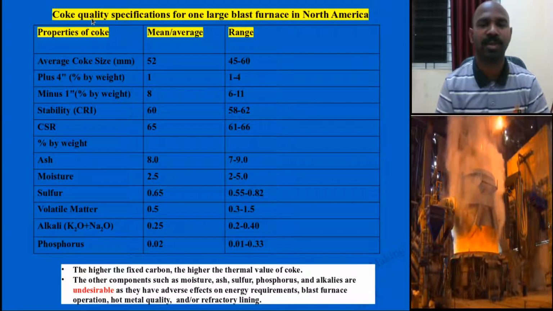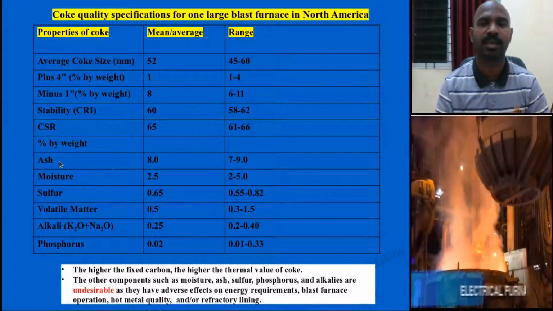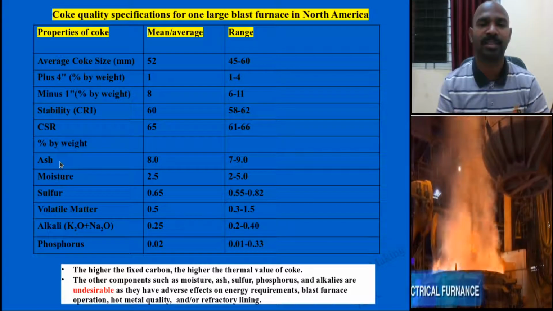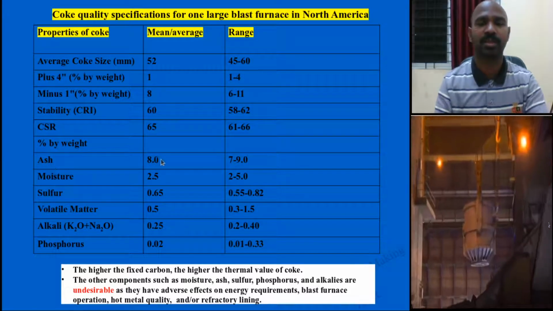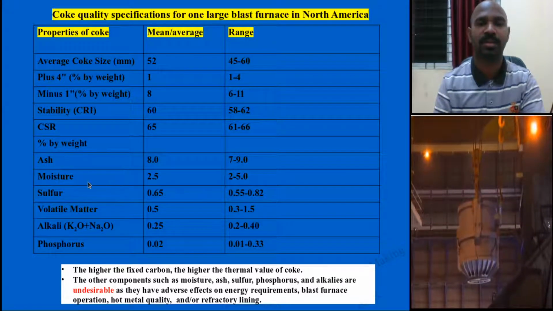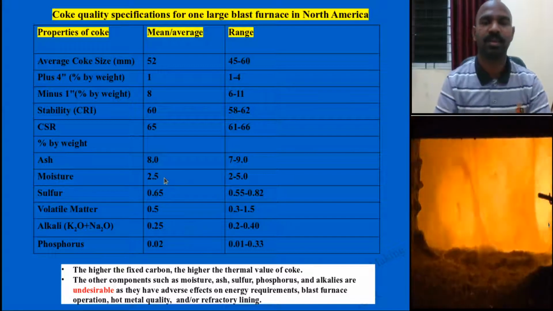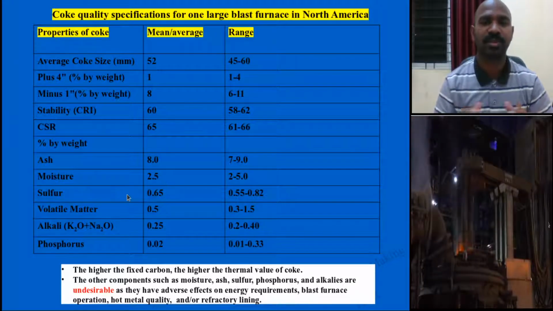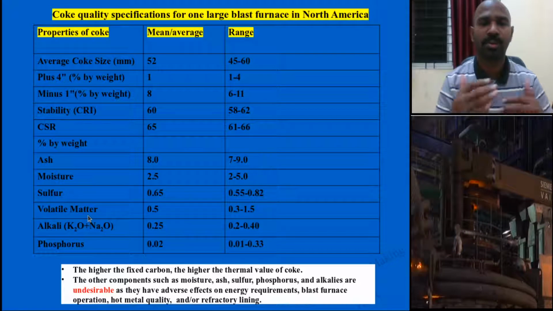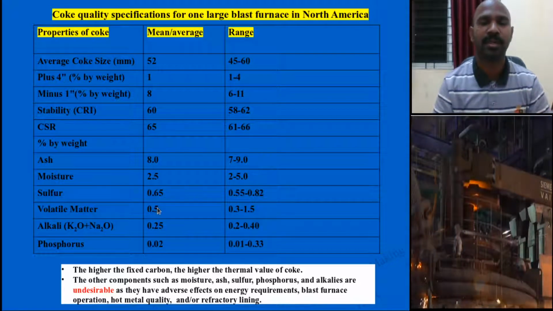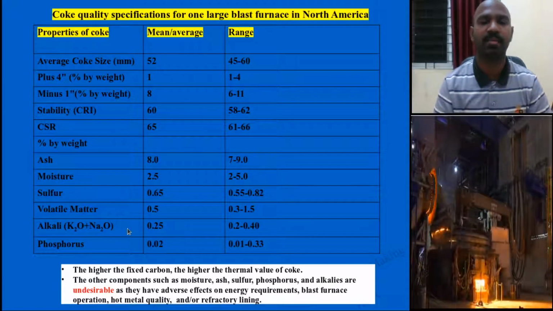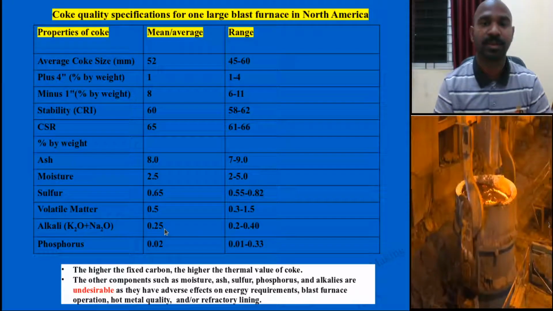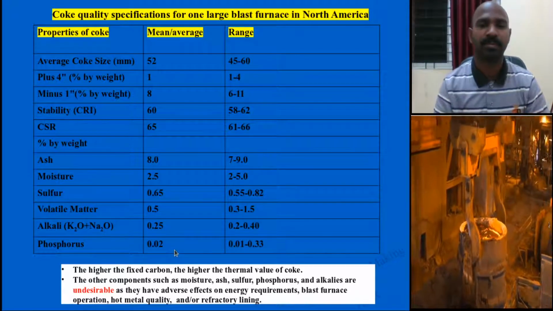For good quality coke, these chemical properties are supposed to be this much: ash content 8%, moisture content minimum 2.5, sulfur 0.65, volatile matter, alkaline oxides 0.25, phosphorus 0.02.